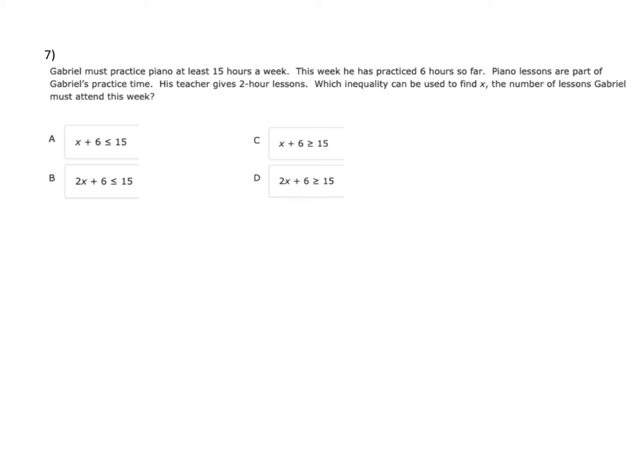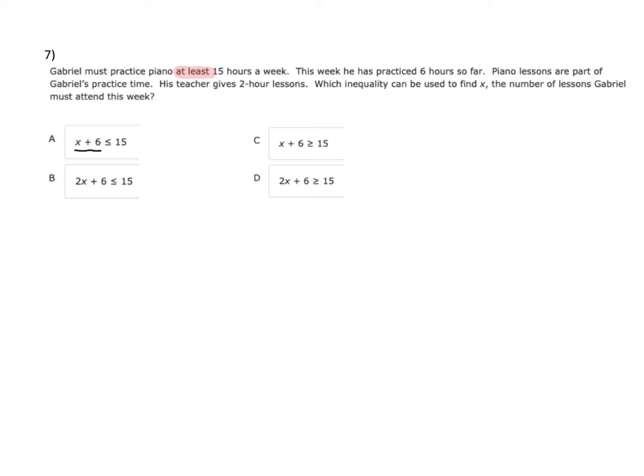So the first thing I'm going to look at is that "at least." That tells me the amount of time he's going to practice this week is going to be more than 15 hours, because he can have exactly 15 hours or over. So that is going to help me eliminate some answers right away. So this part of the inequality is the practice time.